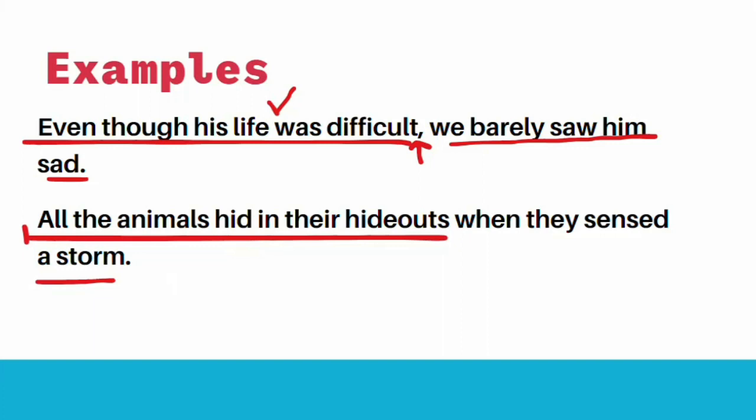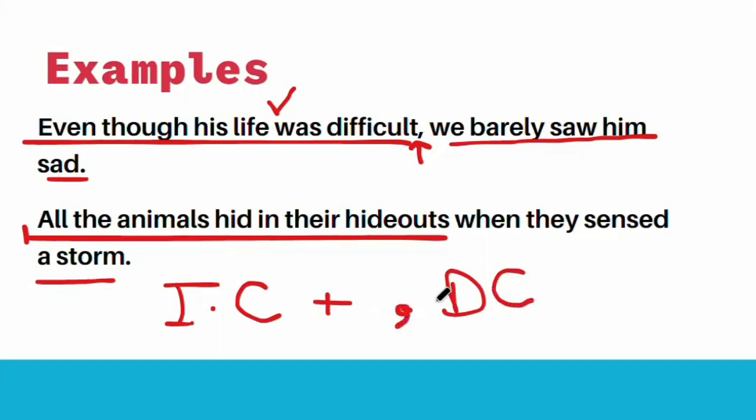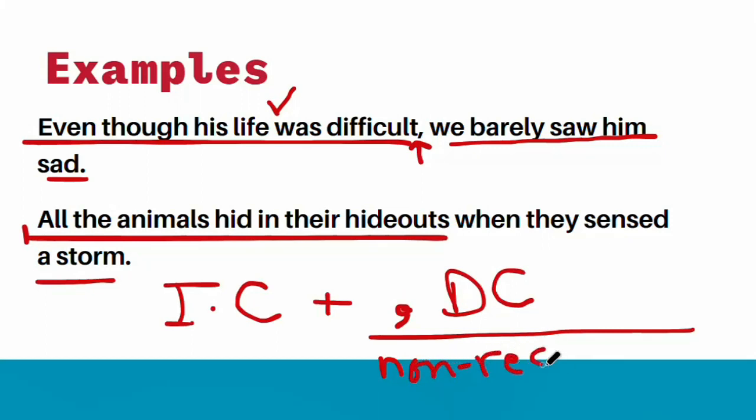However, in some sentences you might find the structure that you have an independent clause at the beginning and a dependent clause at the end, but still you have a comma here. This happens only if this dependent clause is a non-restrictive clause, or you can say that this is giving us some non-essential information.